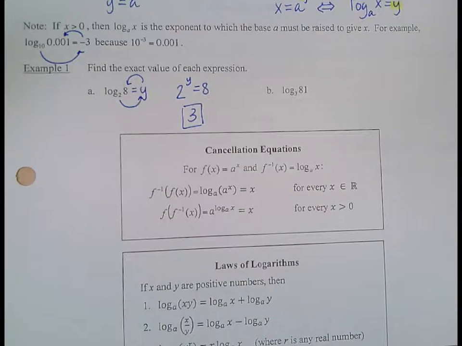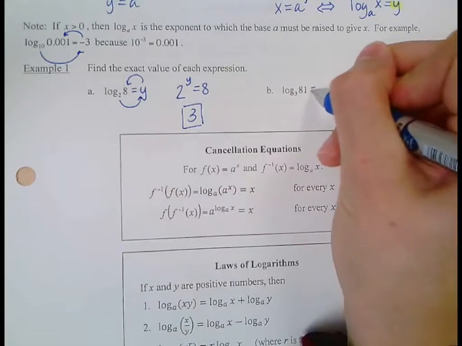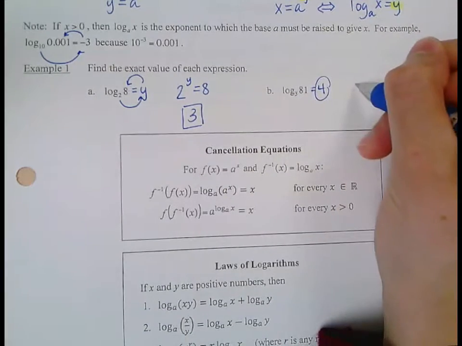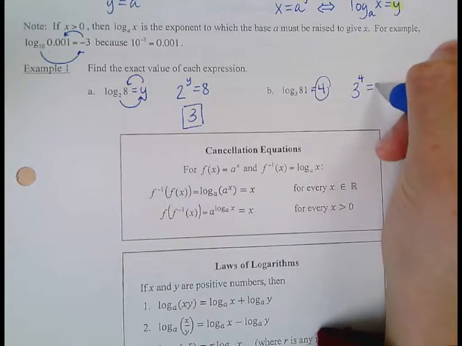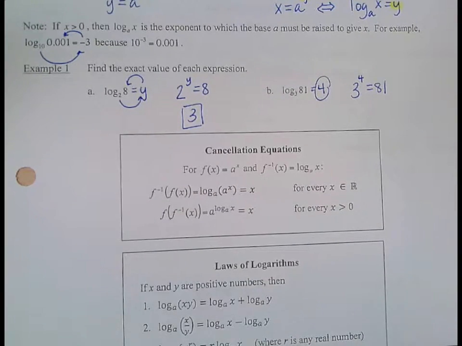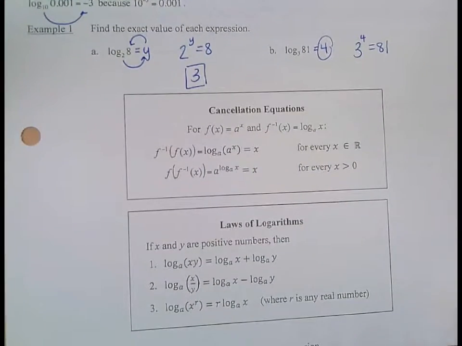And then example B, log base 3 of 81 would be 4, yes, because 3 to the 4th power is 81. Questions?